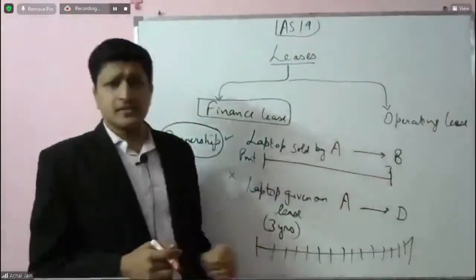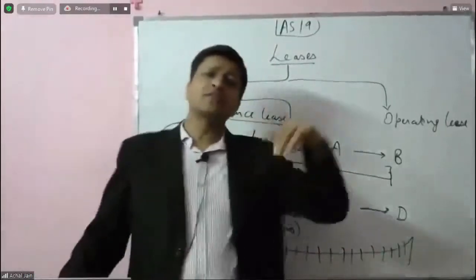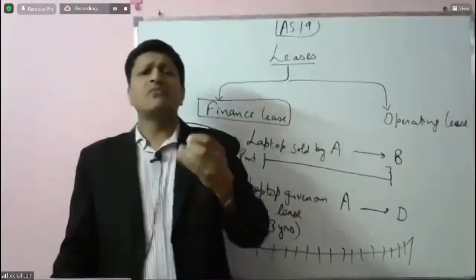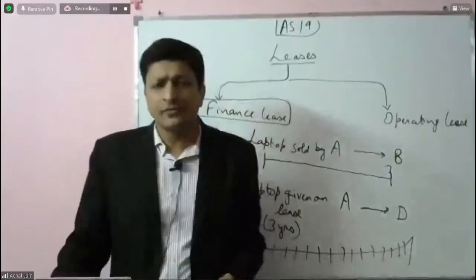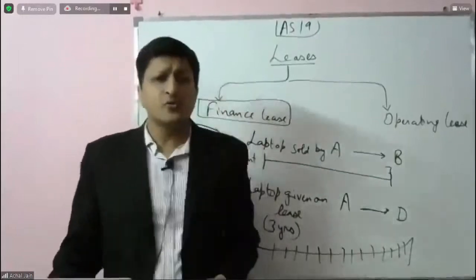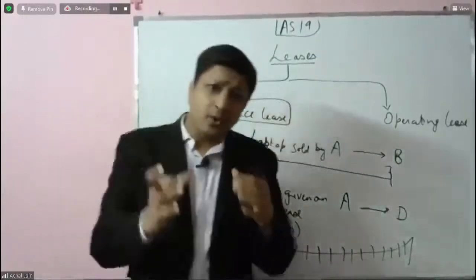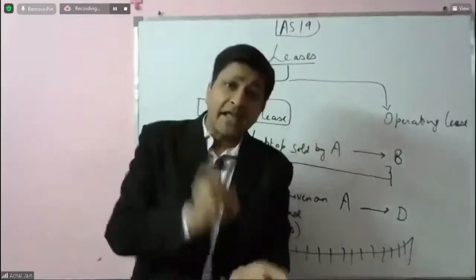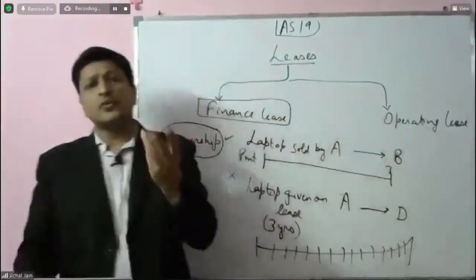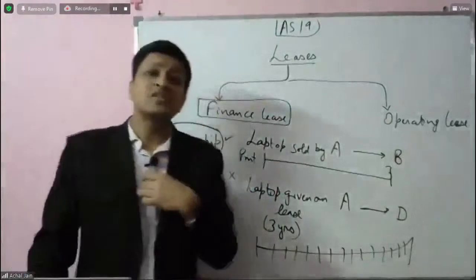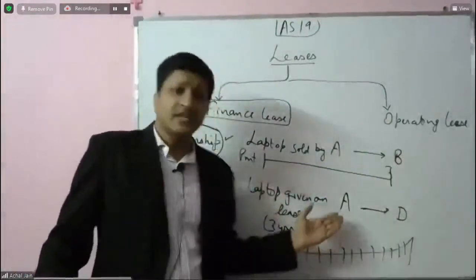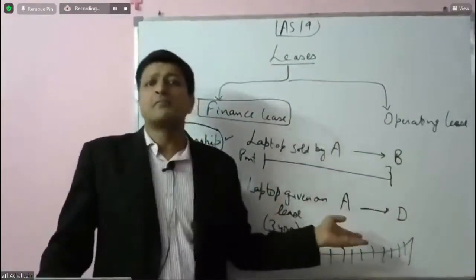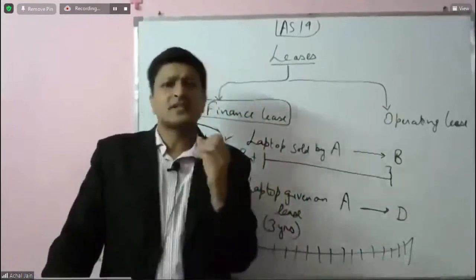Because after 3 years, let's suppose if I was to give this laptop back to A, what will he do? He will have to scrap it off. Why? Because it's of no use. All the economic benefits attached to the laptop were available for 3 years, which I have consumed. After 3 years, even if I give it back to A, it will be only a scrap item for A.